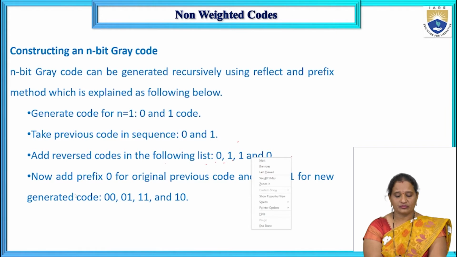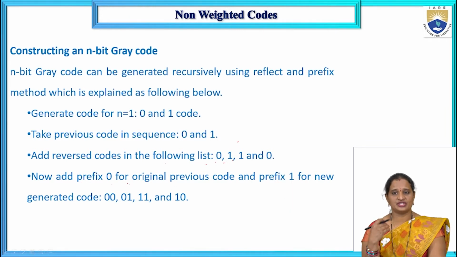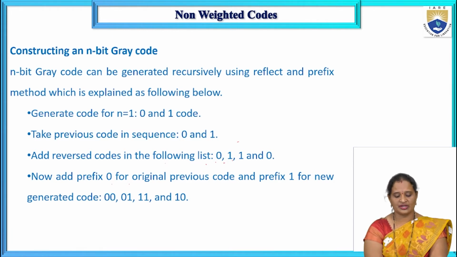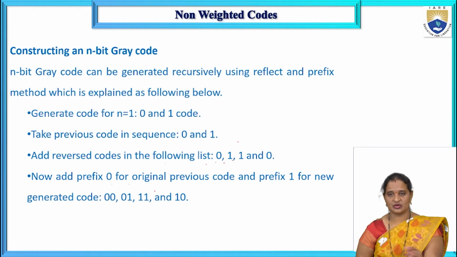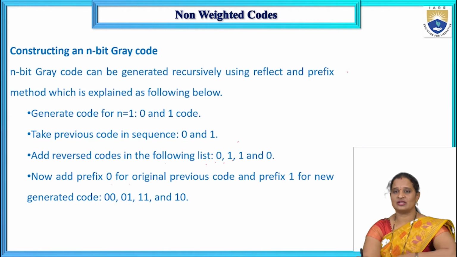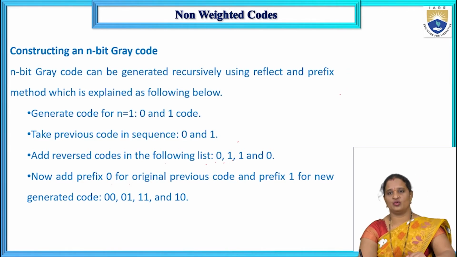Now add prefix 0 for the original previous code and add prefix 1 for the newly generated codes. We'll be seeing this procedure so that you can understand. First of all, I want to construct a 1-bit code.